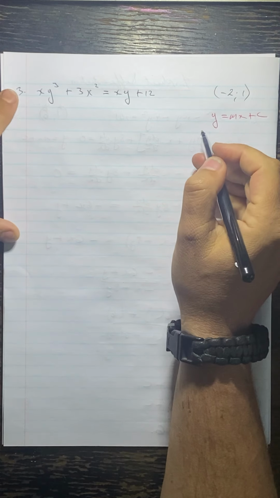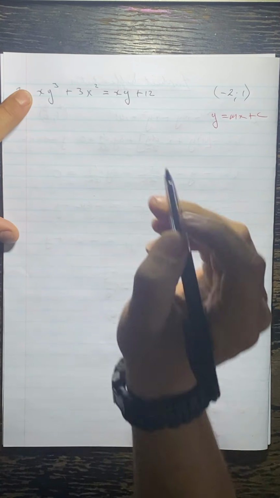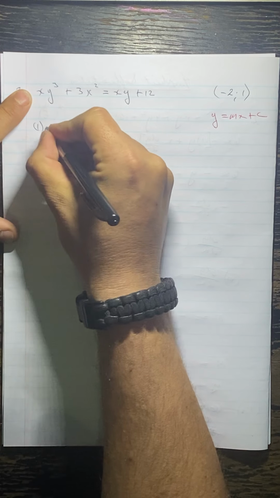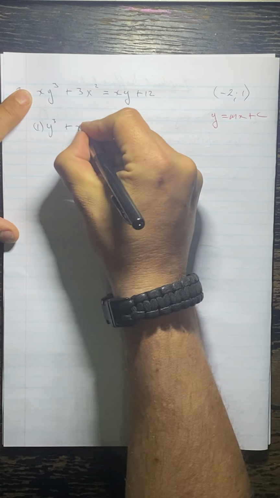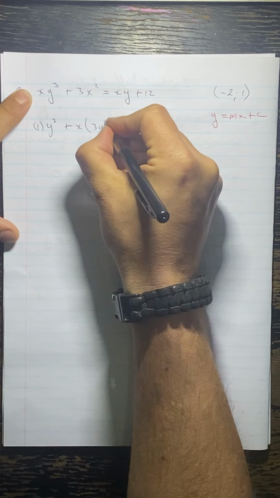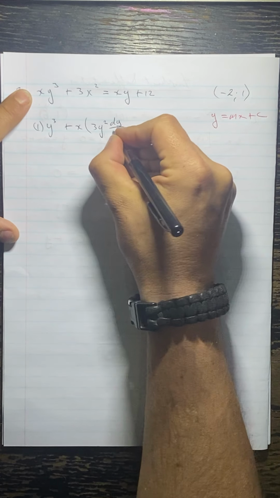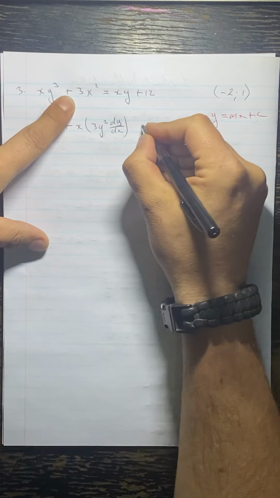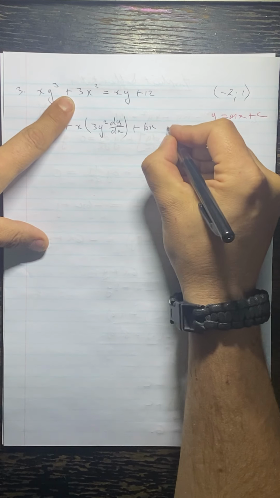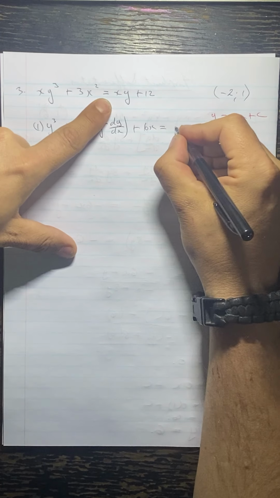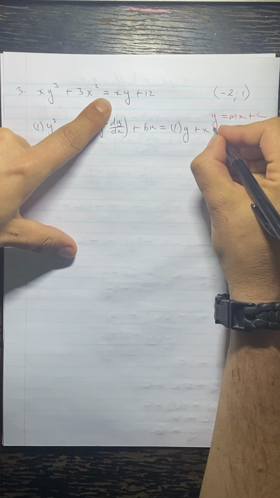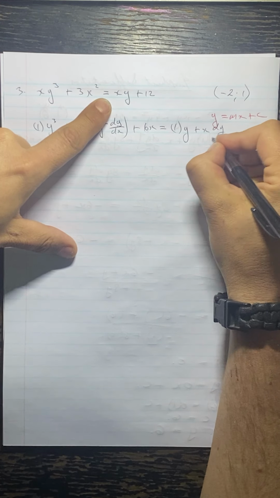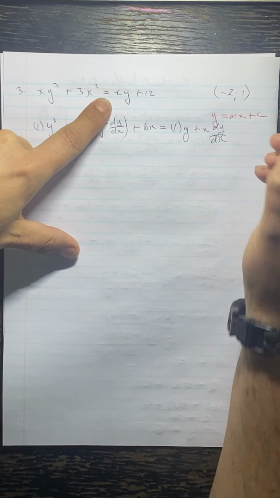Okay, so let's differentiate. This is the product rule, so it's going to be 1 times y cubed plus x times 3y squared dy dx plus 6x equals 1 times y plus x, and then we've just got dy dx plus 0.